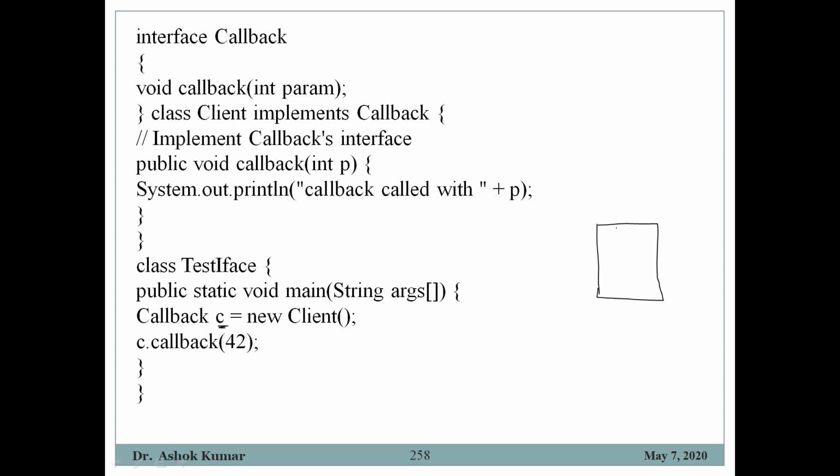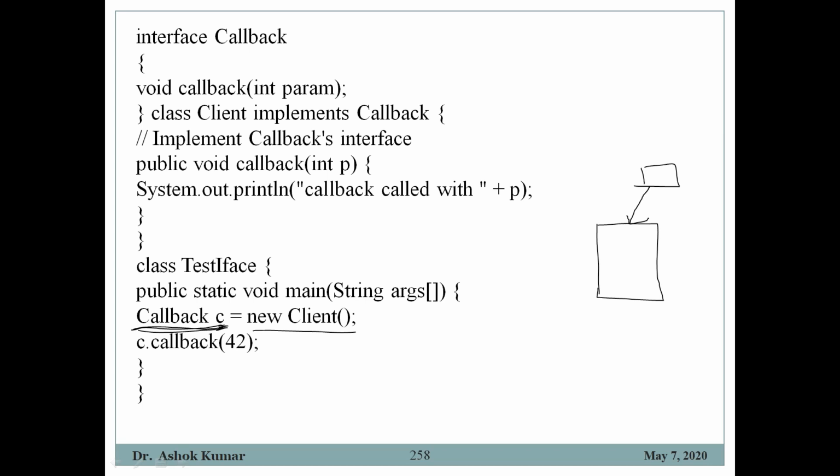So this is the object of the client class, and we are assigning it to a reference that is of type interface. So if a class implements an interface, then that interface reference can refer to the object of the class that is implementing the interface.